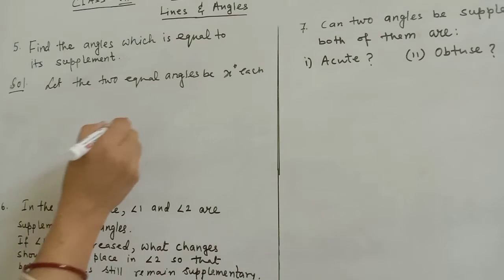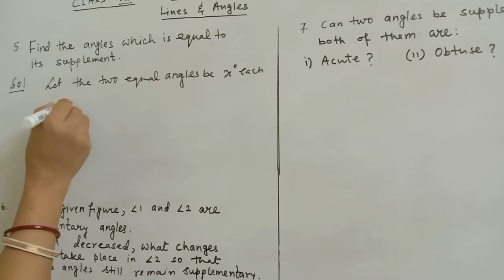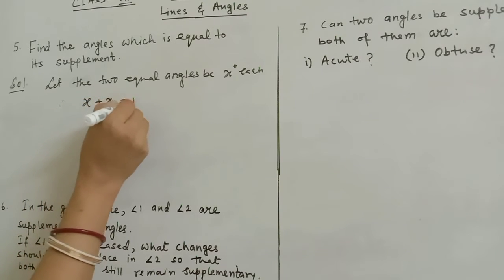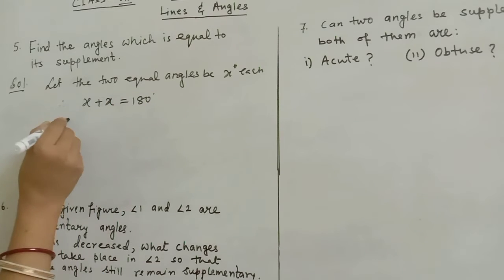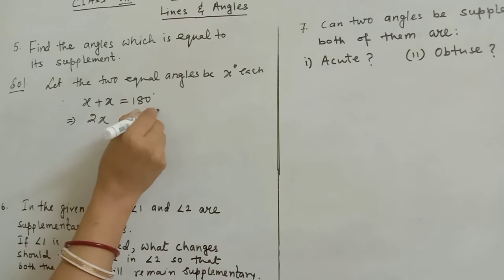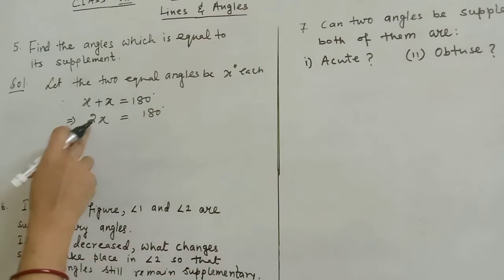Now, as they are supplementary angles, we can write that, therefore, x plus x is equal to 180 degrees. Now I can write that 2x is equal to 180 degrees. I have to find the value of x, so I can divide both sides by 2.